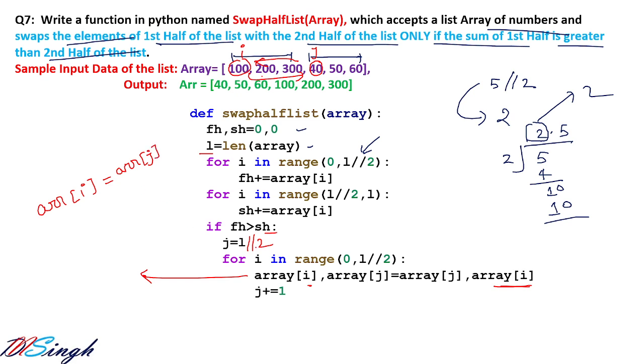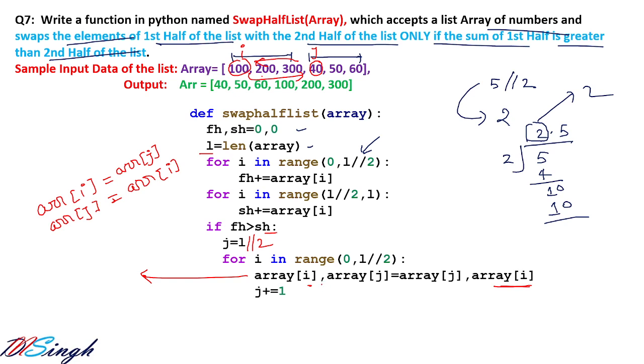J will be starting from the first half of the list, and next ARR of j is going to be stored with ARR of i. Okay, fine. This is what is going to happen in that case. So first, which one will be updated?